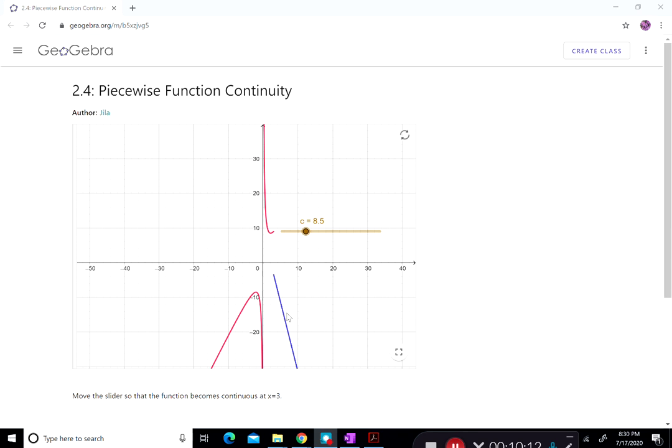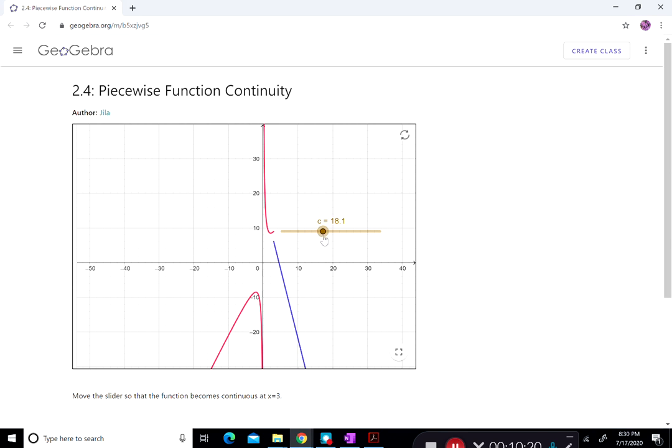But the linear function has a constant, c, and c can change, so basically you can bring that little piece of the line up and down, and at some point they become connected to each other.